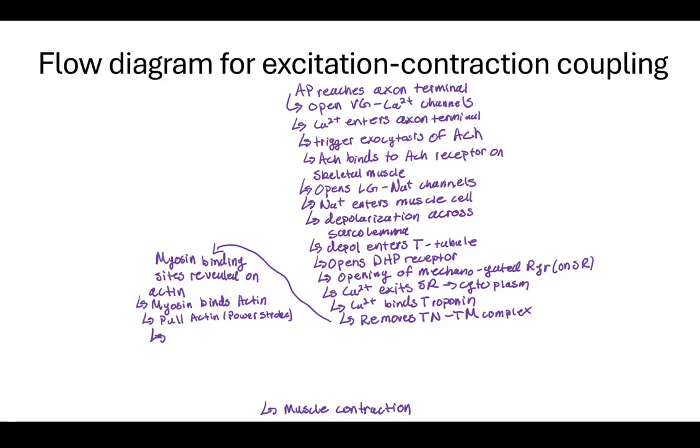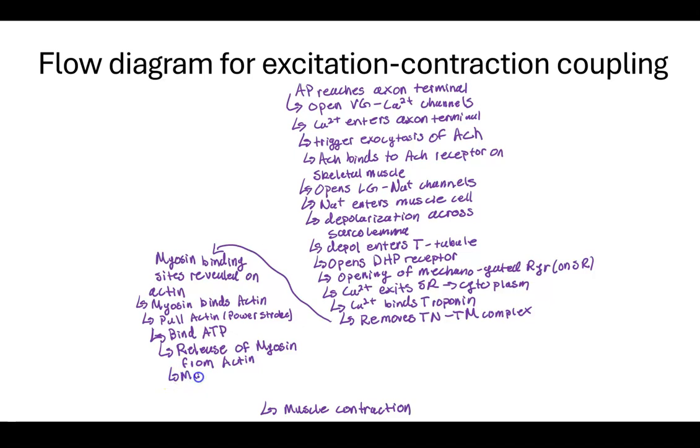After it pulls on actin, it needs to bind ATP. Right, new molecule of ATP comes in, binds to myosin, which causes the release of myosin from actin.